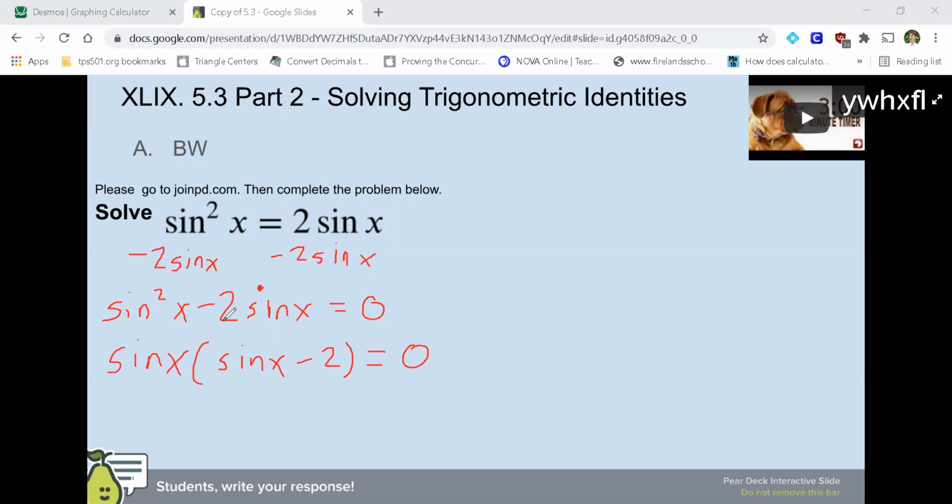And as always, it's a good idea to check whenever you factor that you did it correctly. If I distribute this sine of x back through the parentheses, I would get the previous line. Sine times sine would be sine squared, and sine times -2 is -2 sine.